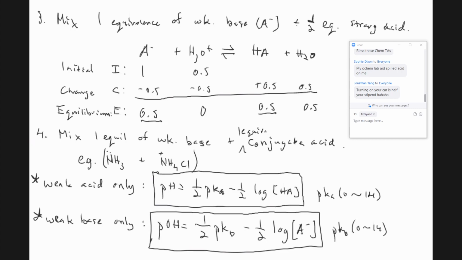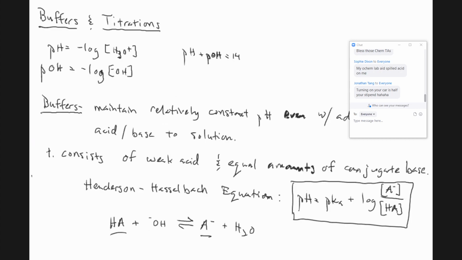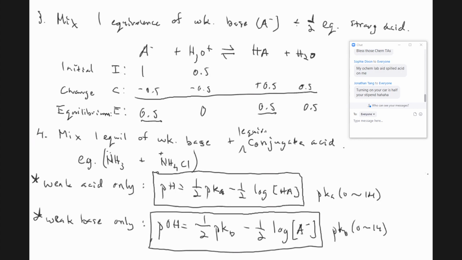Any questions? So far, the only three equations that we had to know were Henderson-Hasselbalch, pH is equal to pKa plus log of conjugate base over acid, and your weak acid only and weak base only equations.